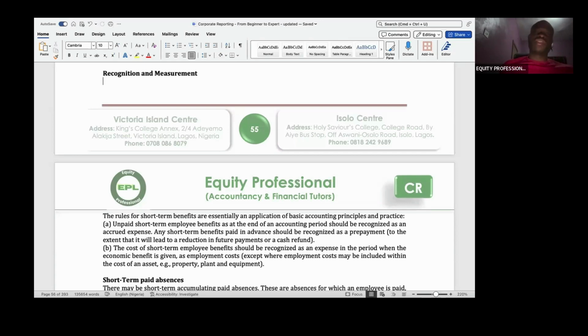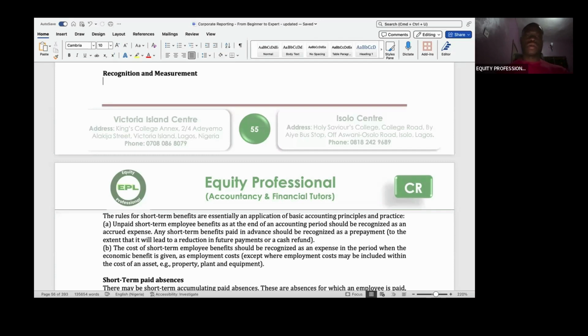So as soon as the employee has worked for you, you have an obligation. So whether you have paid it or not is not even the question here. The question is, as soon as the employee has offered the service, you have to pay. Meaning you have a liability that you cannot avoid.